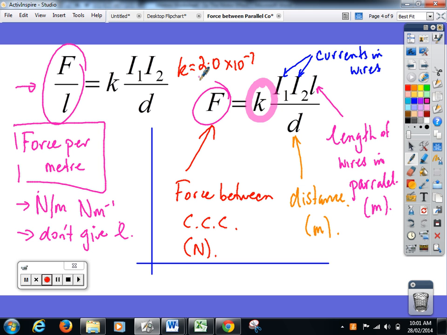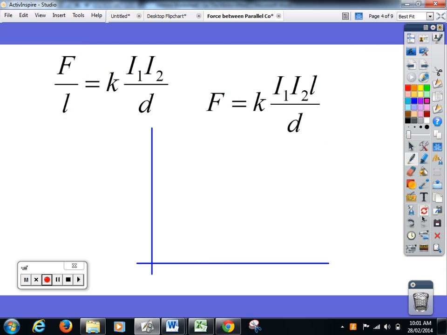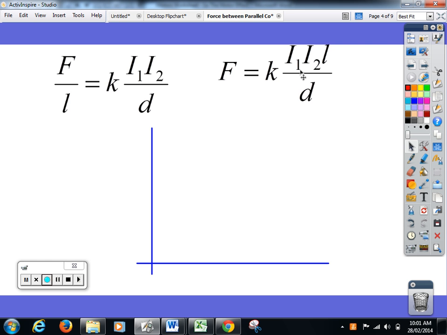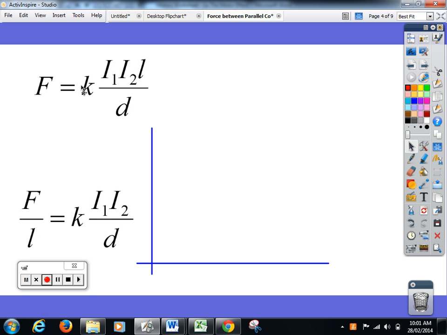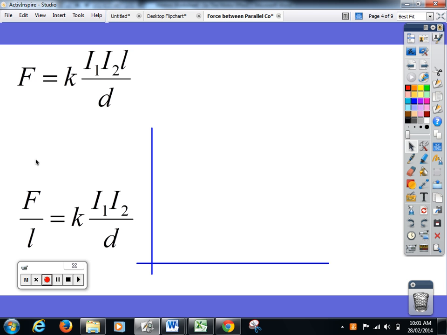Now, looking at this one here, that's the actual overriding equation. We know that we have a variety of proportionality statements within it. We know the force is proportional to both currents. We know the force is proportional to the length, and the force is inversely proportional to the distance. Okay?